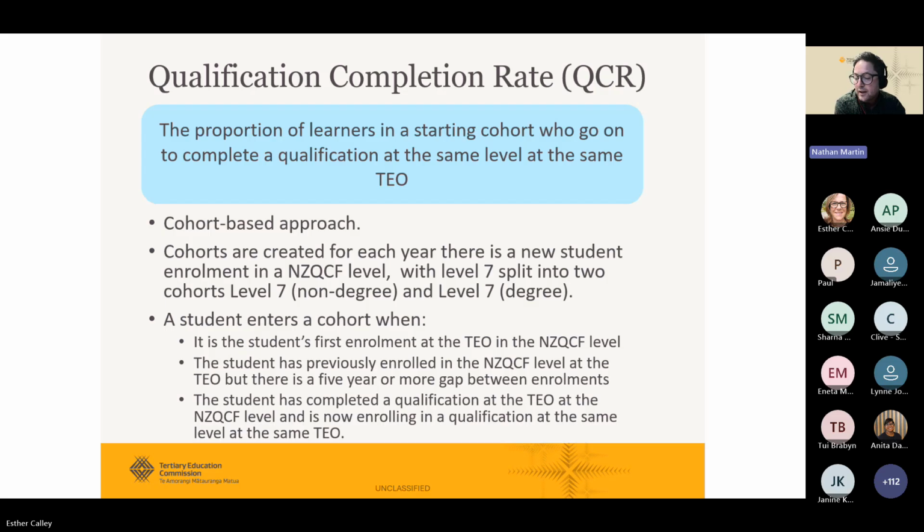A student enters a cohort when it is their first enrolment at the TEO at that NZQCF level, or they have already completed a qualification at that level at the same TEO and are enrolling in another qualification at the same level, or there has been a gap of 5 or more years since their previous enrolment, which they did not complete.